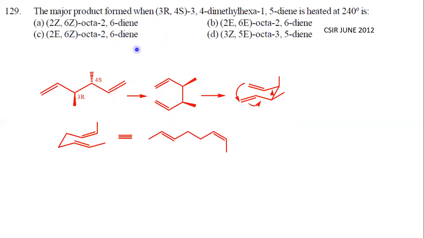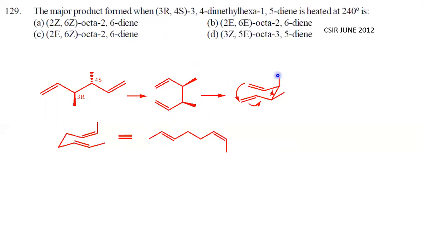To come from here to here, you just have to rotate 180 degrees. Then one of the methyls would change its position, which is below would come above. Then take this compound and write it in the form of a six-membered chair form. While writing that, we need to maintain the geometry of these two methyl groups, as these two are cis to each other, and here also they are taken as cis to each other.